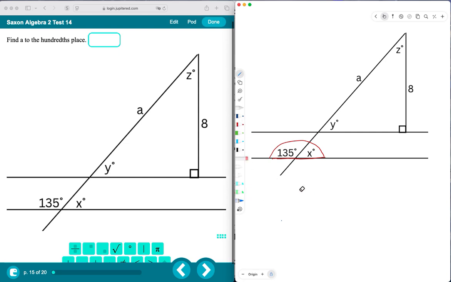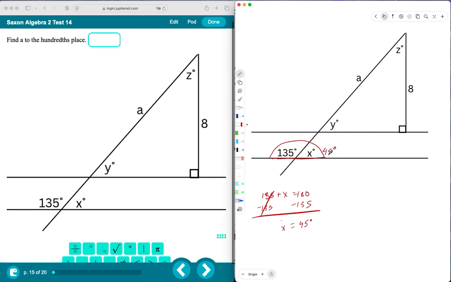Let me rewrite this for you so you can see it better. 135 plus x is equal to 180. These two together equal 180. So I'm going to subtract 135 from both, which is the same thing I did. I just jumped ahead a little bit. This helps you visualize that better. X is going to be equal to 45. So x is 45 degrees, okay?